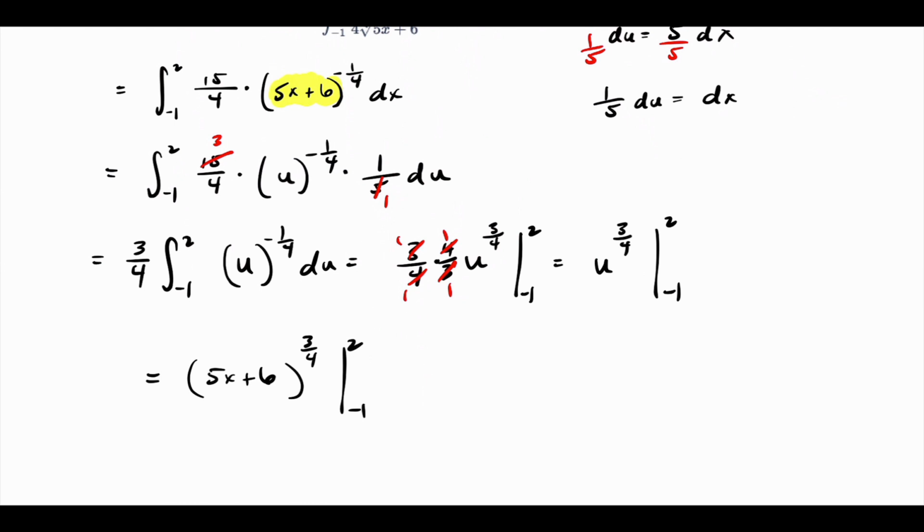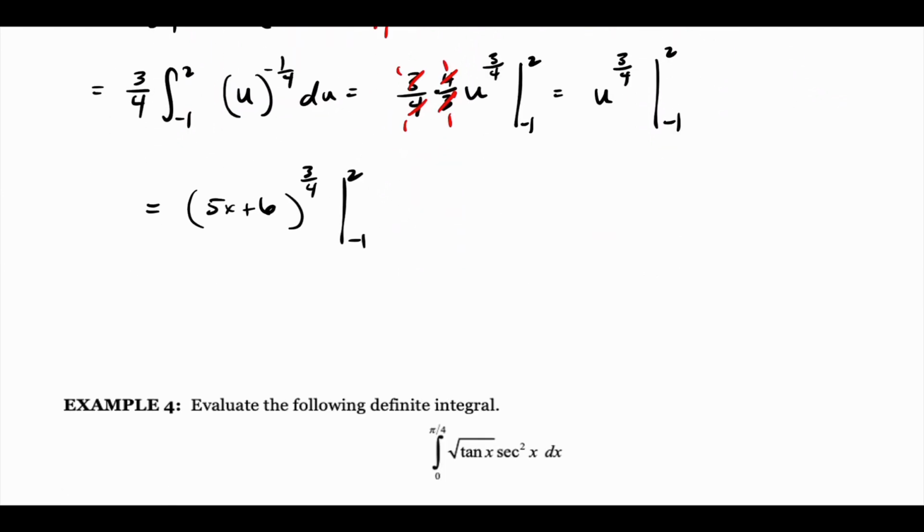So I've gotten there. That's where we stopped last week. The only part that's new is that I have to plug in 2 and -1. So I plug in 2 for x. Plug in -1 for x.